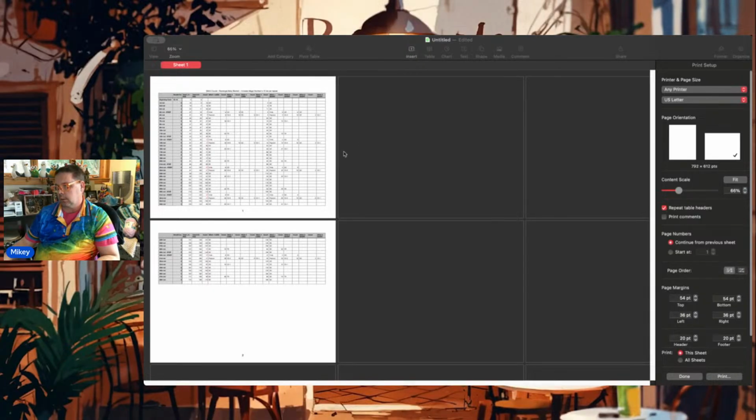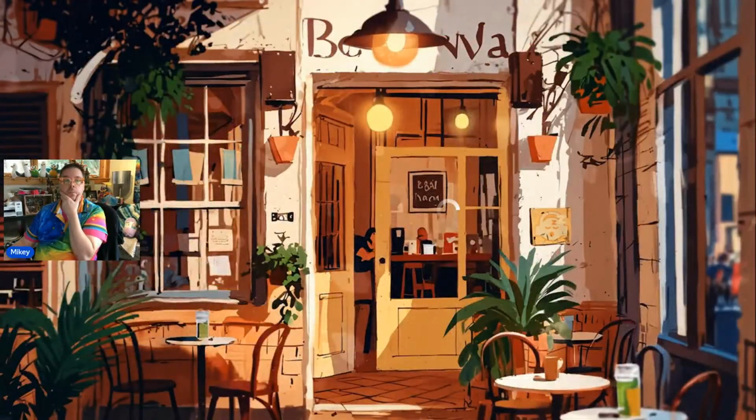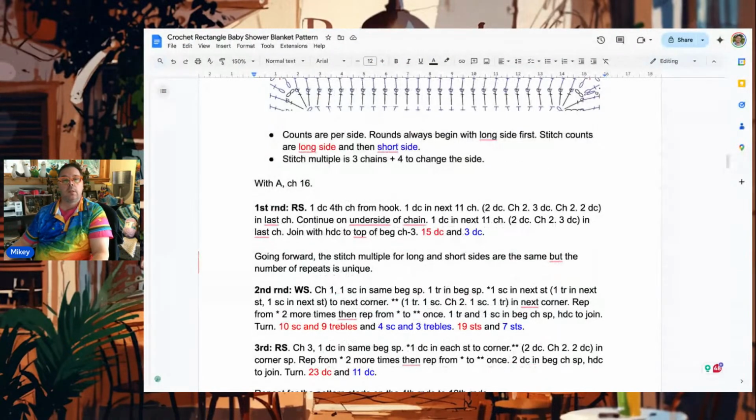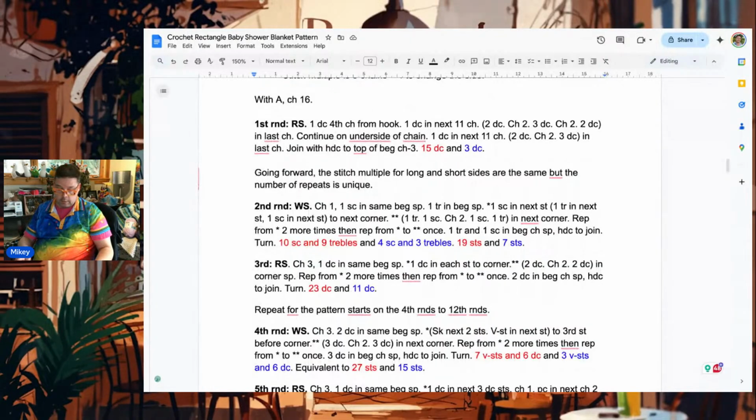But somebody's going to say they can't read a chart. Okay. So now we got to transpose this information over.